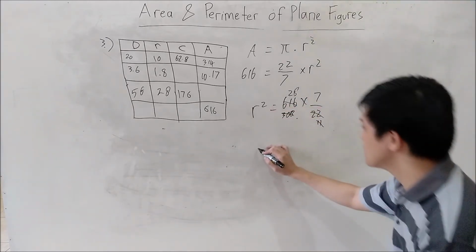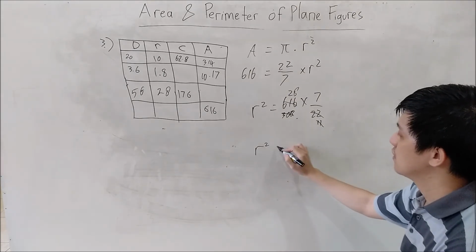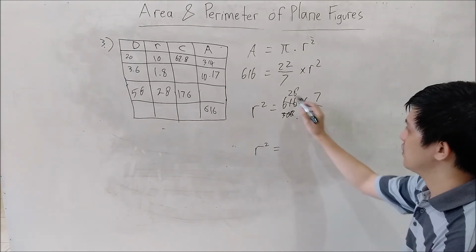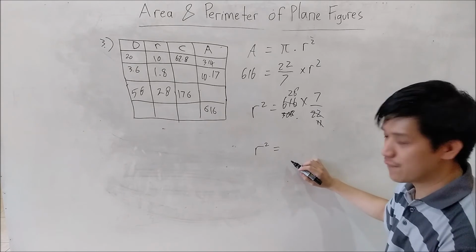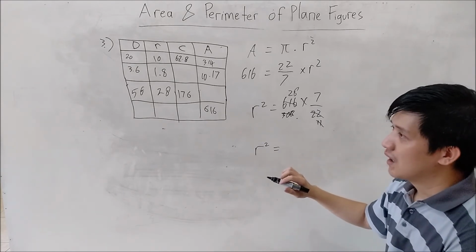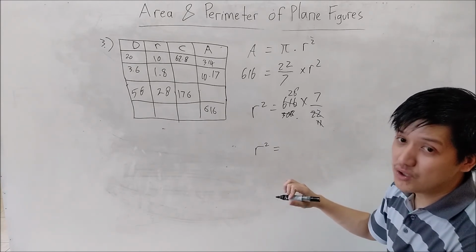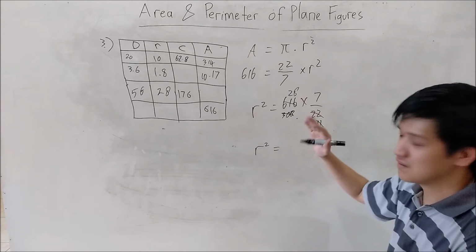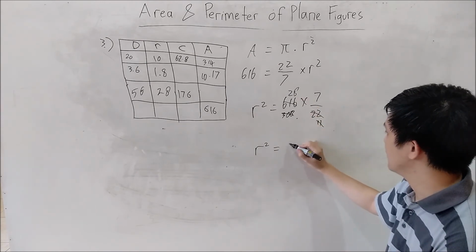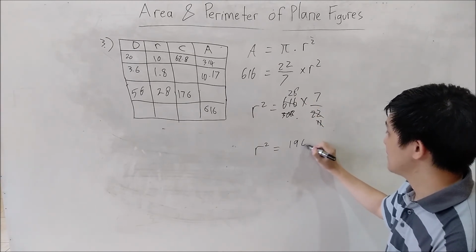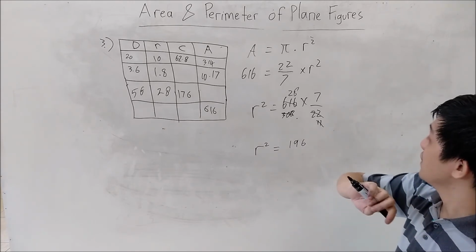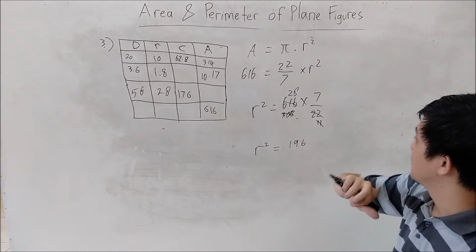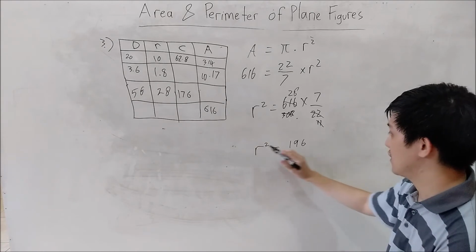So the radius square will be 28 times 7. Most of the time, I will not count it, but just for this purpose, 14, 19.6. Am I correct? 14, yeah, 19.6 for the radius square.